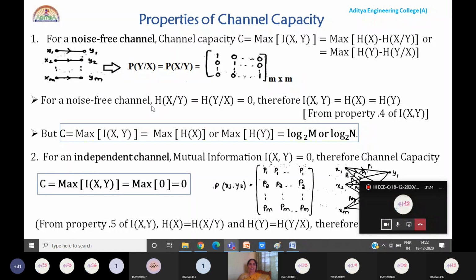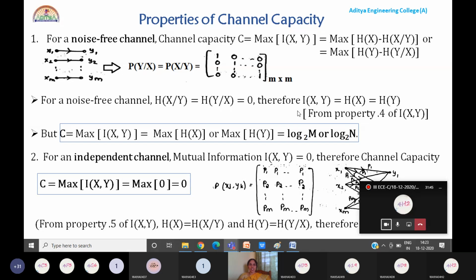So for a noise free channel, H(X|Y) or H(Y|X) is 0, because I already told you the property of entropy. What is that property? If you have multiple messages and only one message has maximum probability and all other message probabilities are 0, then its entropy is 0. So H(X|Y) and H(Y|X) are equal to 0.